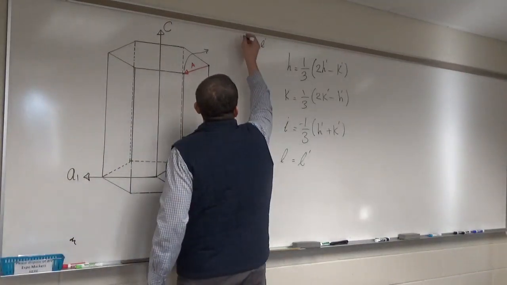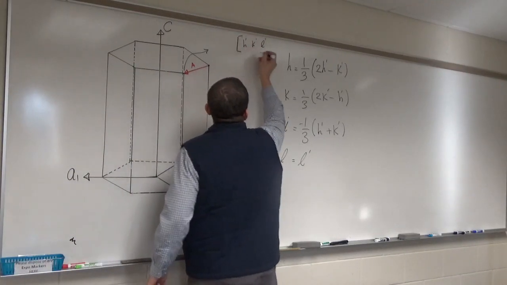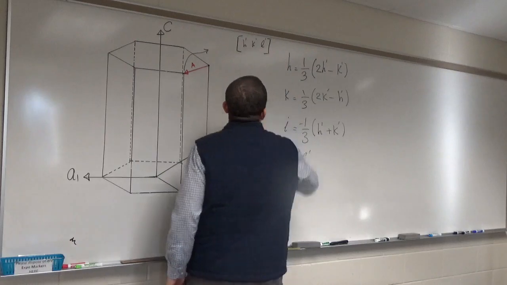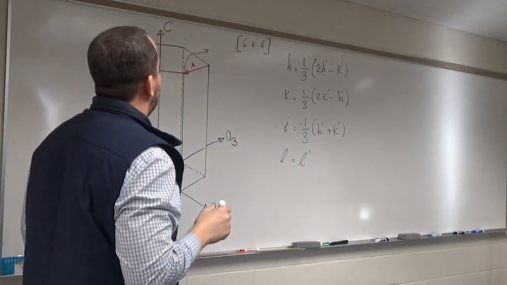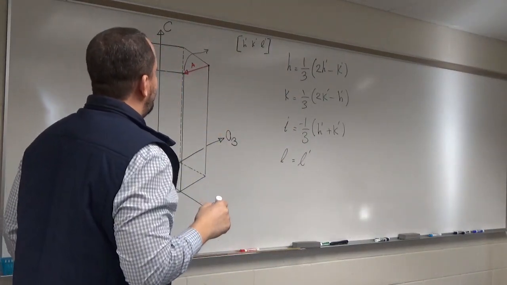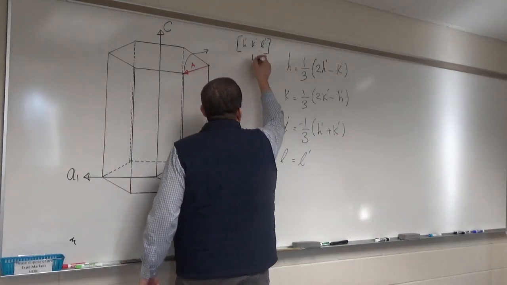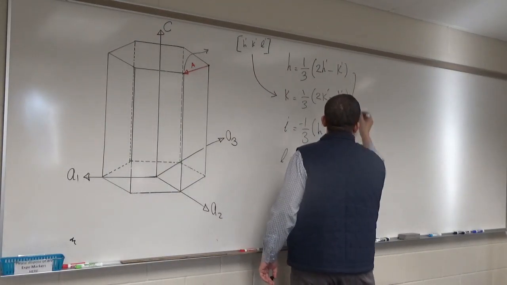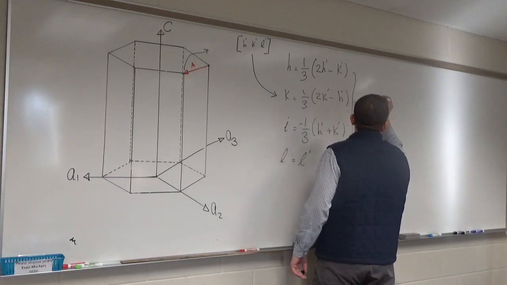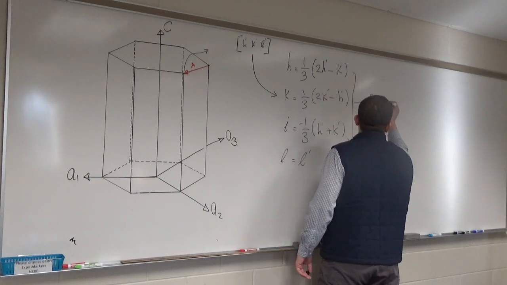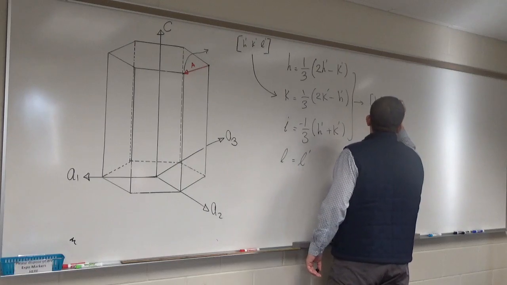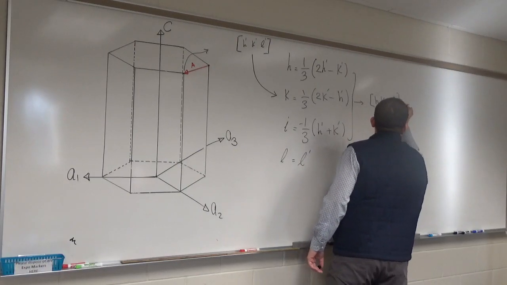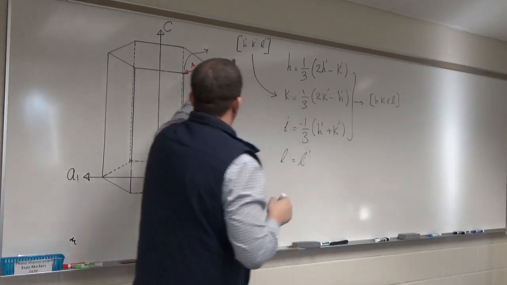So normally for the direction we use those square brackets for Miller indices, and then we will try to go here to end up with 4 Miller indices, h, k, i, and l. But we need to start from here.